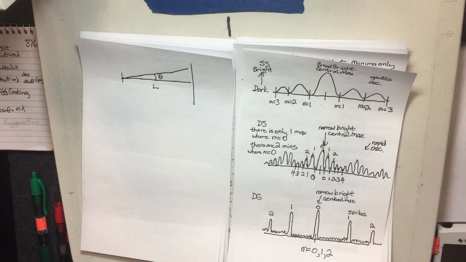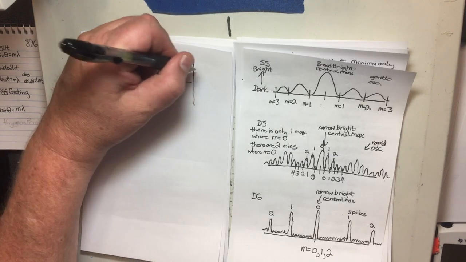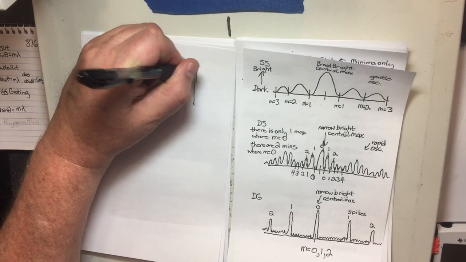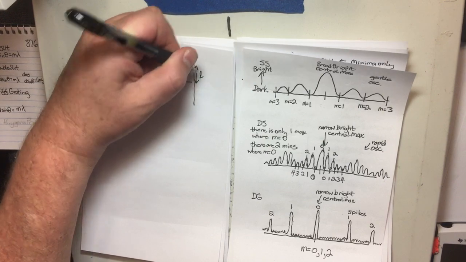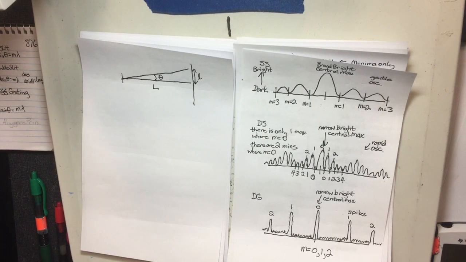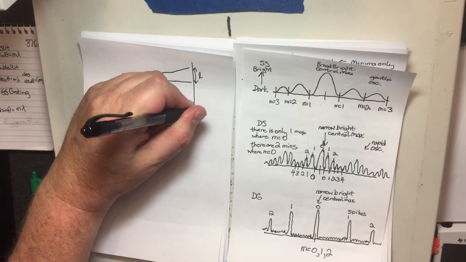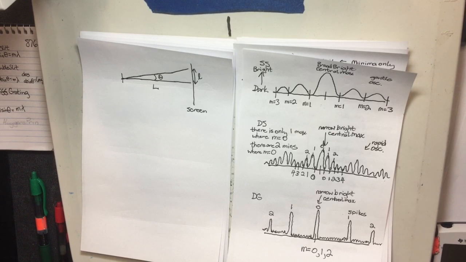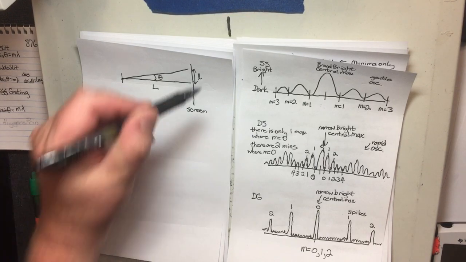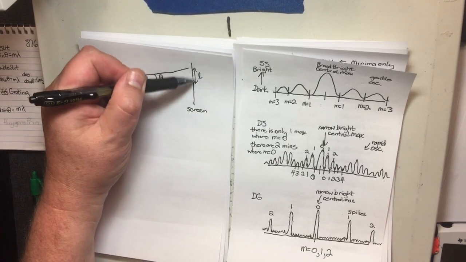But in the lab, you are going to sit and measure distances. And the distance above or below the central maxima on the screen is little l. So if I go 3 centimeters above the central max, you get your little ruler out and then you measure 3 centimeters above.